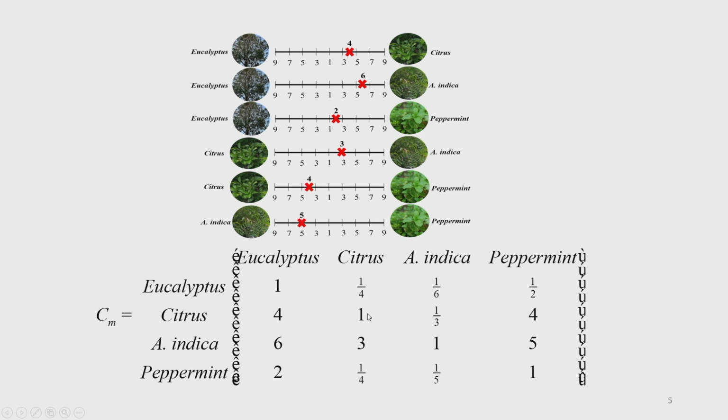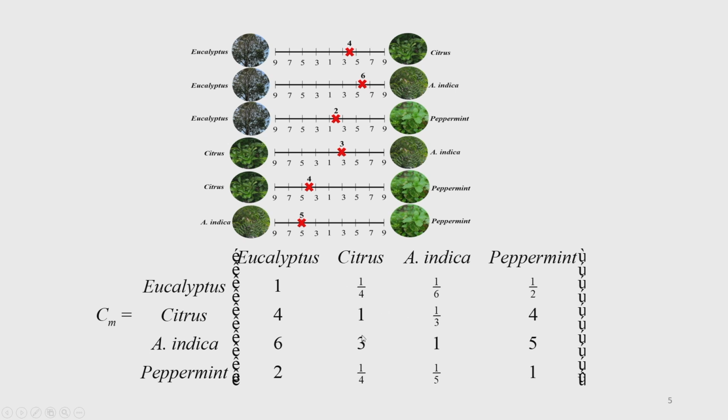Then citrus compared to citrus is only 1, but compared to A. indica, citrus is 1 by 3, because A. indica compared to citrus is 3. So citrus versus A. indica is 1 by 3, and A. indica versus citrus has to be 3. That type of thing has to be made in the matrix.